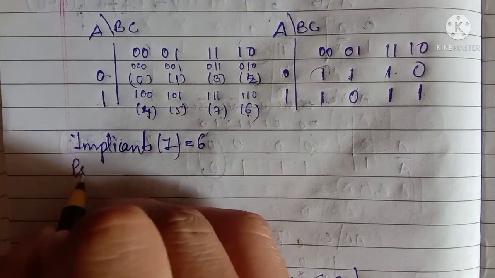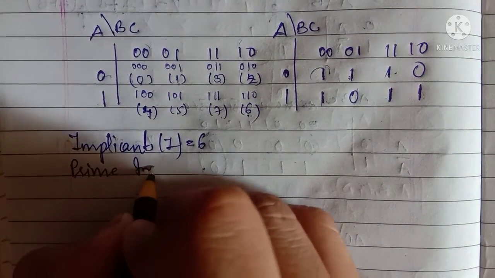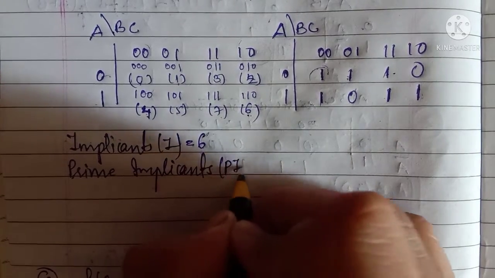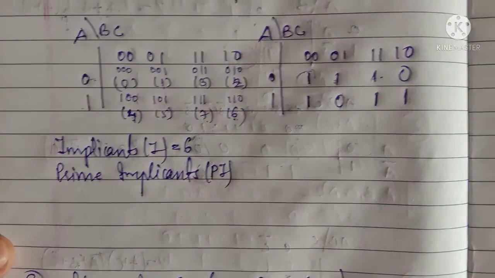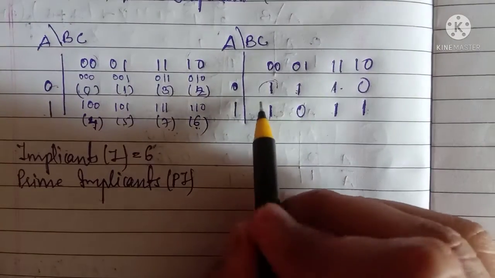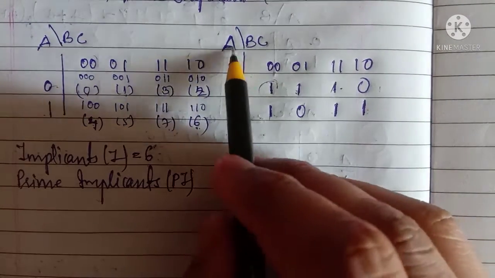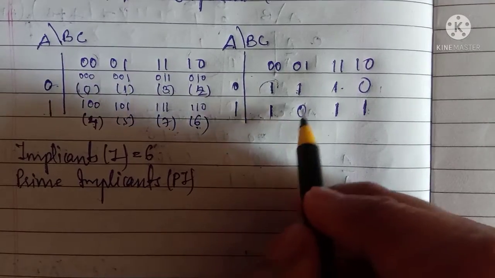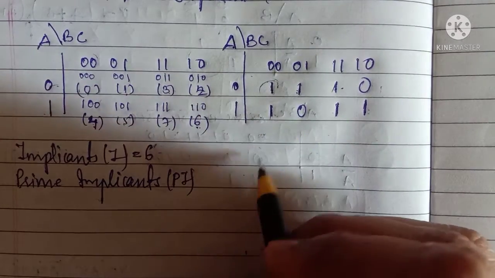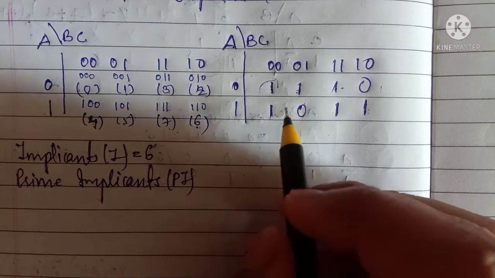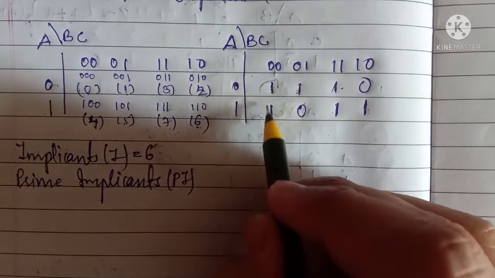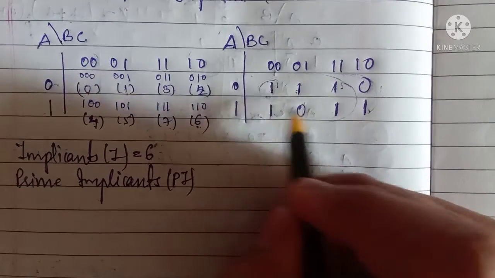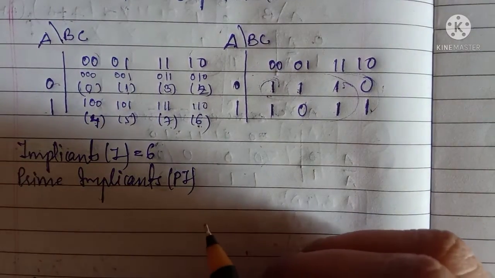Now prime implicants means formation of possible groups. I already taught you that with 3 variables there are 8 possibilities, but all are not 1, so you can't make a group of 8. Now you can go for a group of 4. There is no possibility of forming a group of 4 here, here, or here. So what we do is form groups of 2.